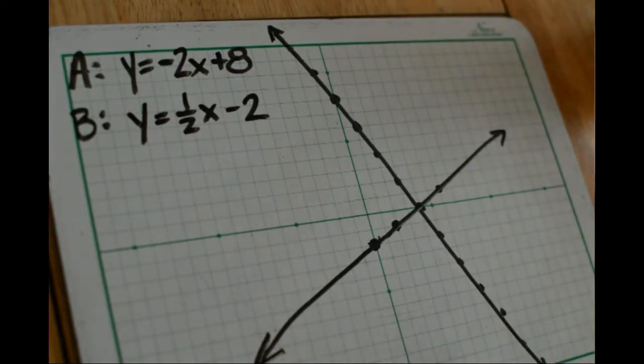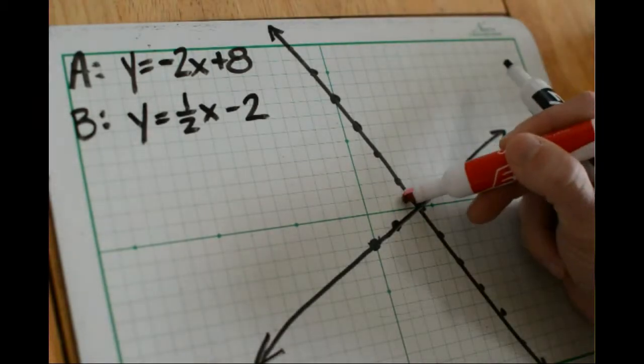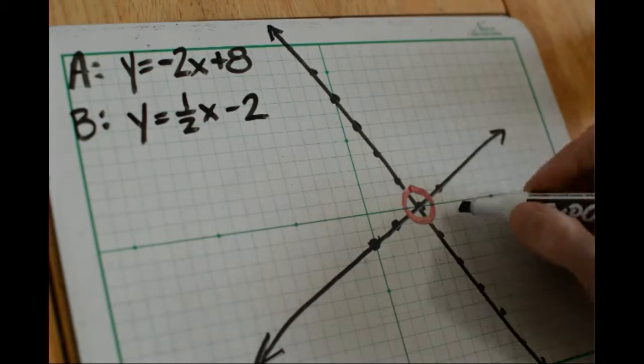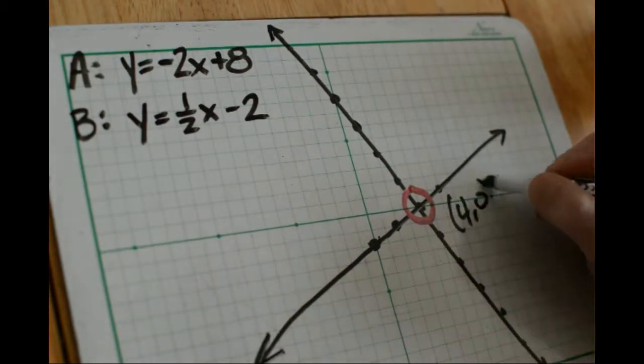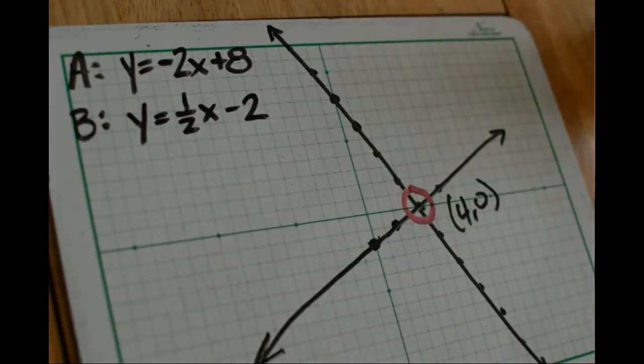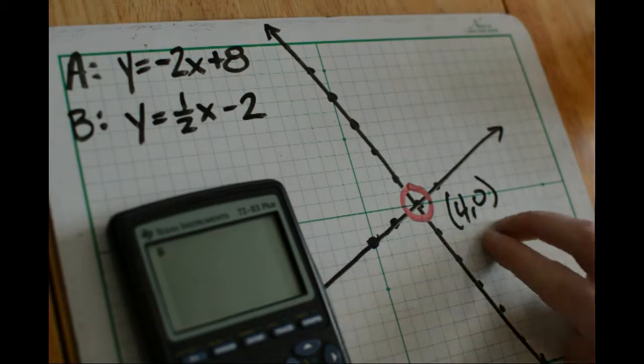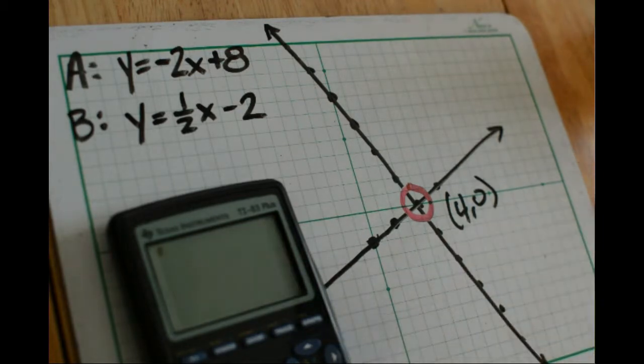And the system has one solution where we have a point that is a solution to both. So this point right here, 1, 2, 3, 4, 0, that is the solution to the system. What it means for this point to be a solution to the system is if you substitute that xy pair, it'll work in both of the equations.